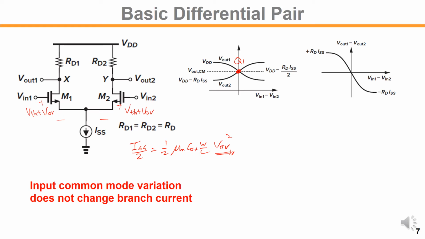So this is at the biasing condition. Now, if we apply the input signal, bring Vin1 up and lower Vin2 by the same amount, let's say plus delta V and minus delta V, then we know the current will flow more on the left hand side, right?